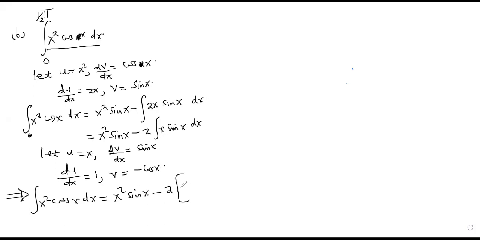So it is going to be negative x cos x minus the integral of v du dx. V is negative, so it is going to be plus cos x dx. Why that? Because this is negative and we had to subtract here, and du dx is 1.